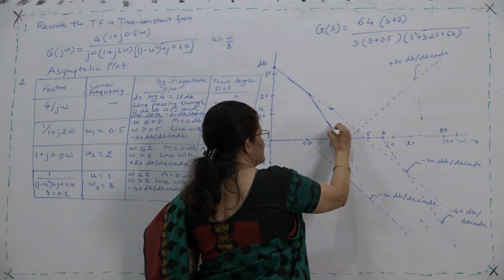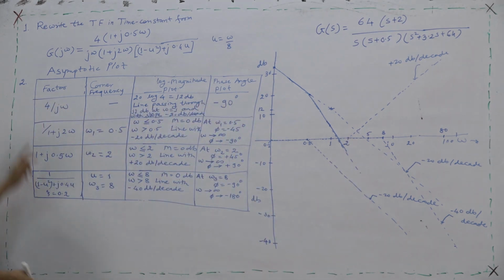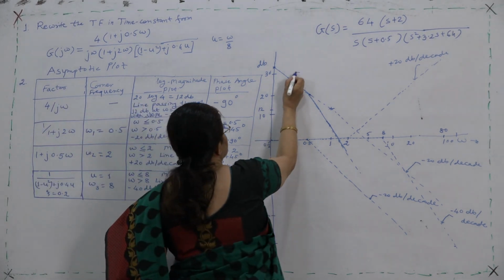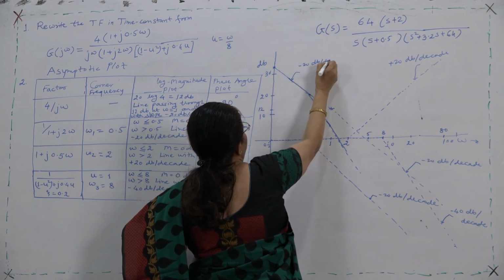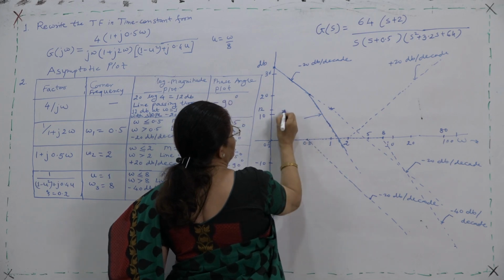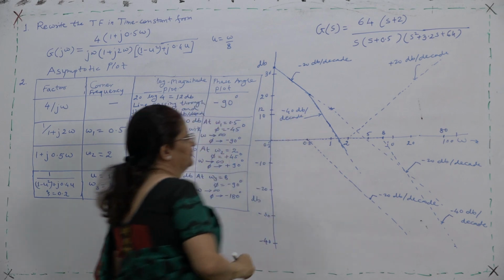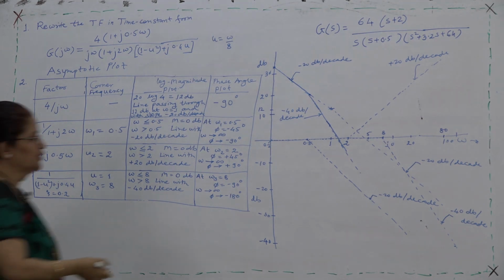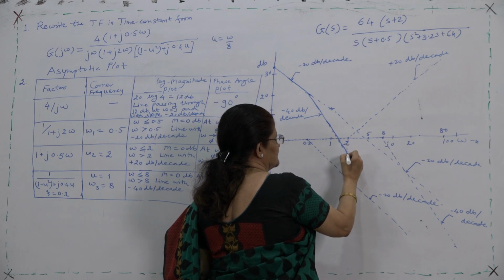So, till omega is equal to 2 the contribution is because of this and this. So, here also you write down this is minus 20 dB per decade. Now, this is minus 40 dB per decade. So, till 2 it is because of the contribution of these two factors.